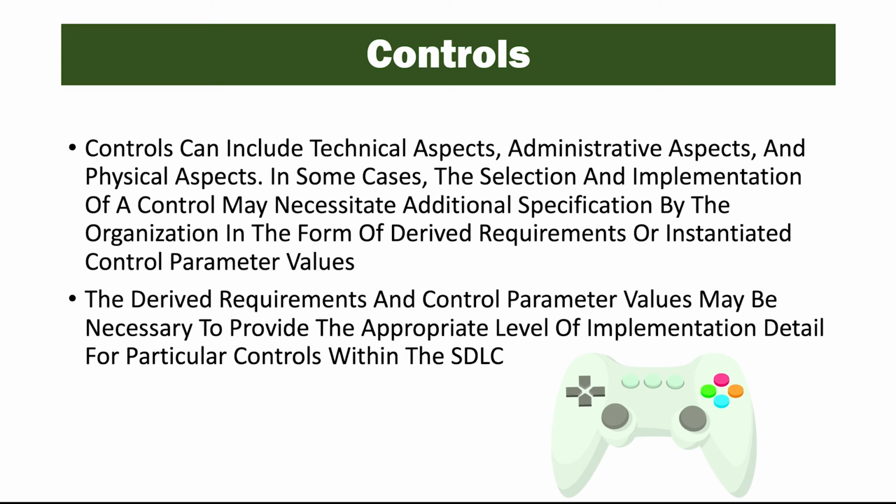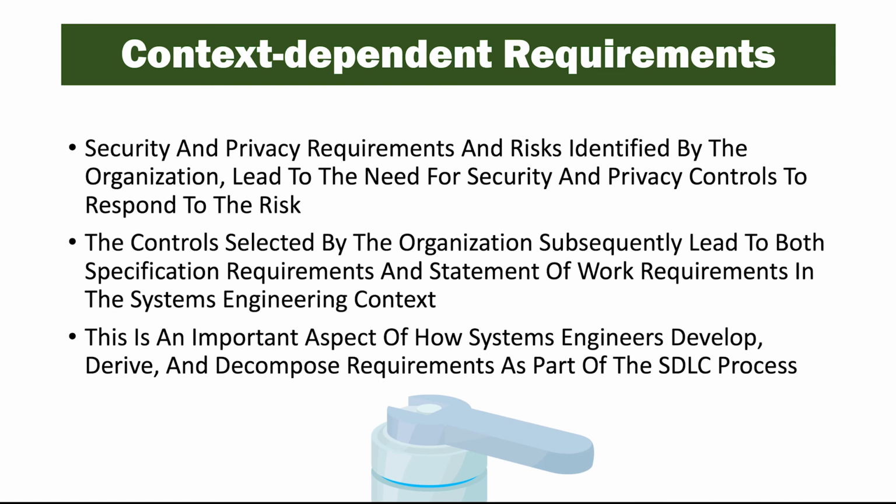For example, we may have a requirement for a specific password length. That would be a control parameter value. And in other cases, the implementation of one control may only be possible if another control is implemented that wasn't necessarily defined in the requirement statements.